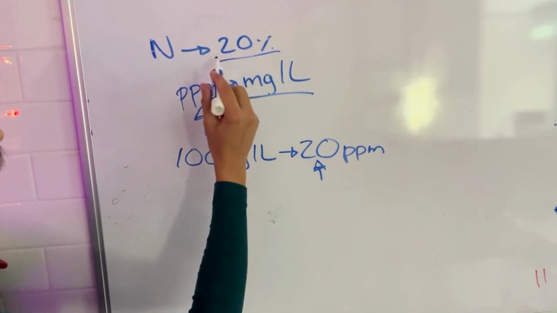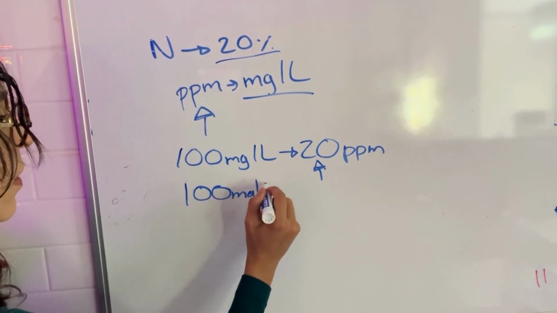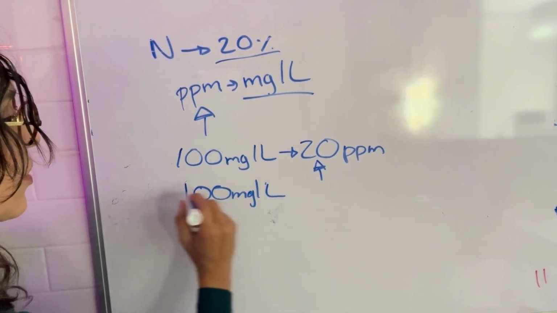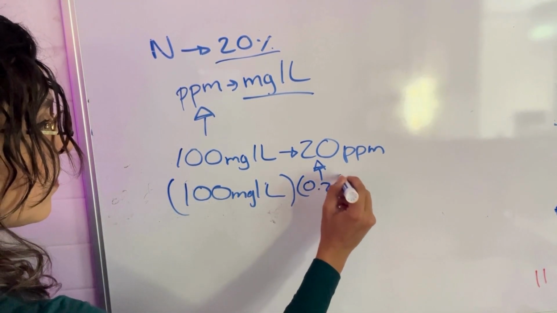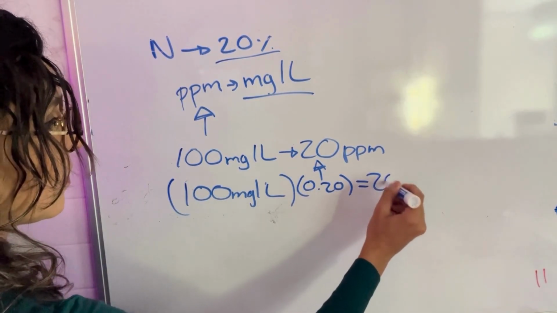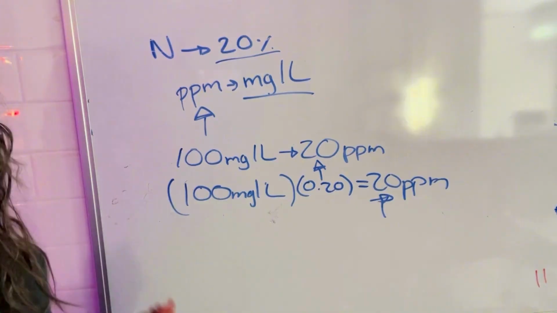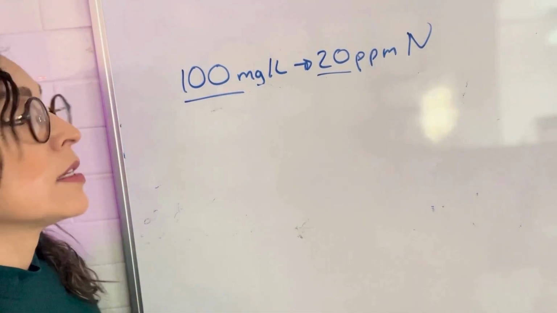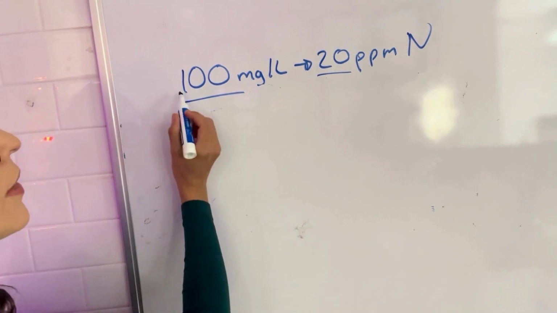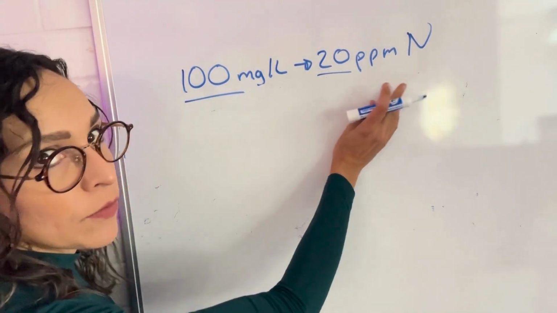This is 20%, so if you have 100 milligrams per liter and you take 20% of this, then you will get 20. That's how we get 20 parts per million. Now is where everything becomes really easy. You know now that by adding 100 milligrams per liter, you're getting 20 parts per million of nitrogen.